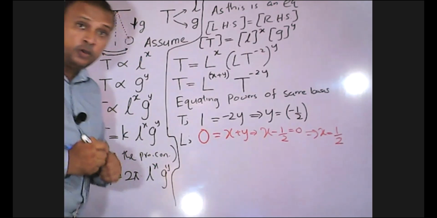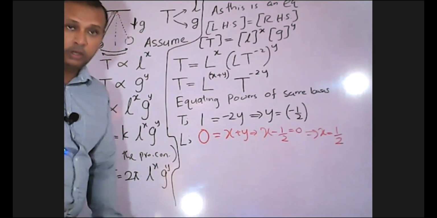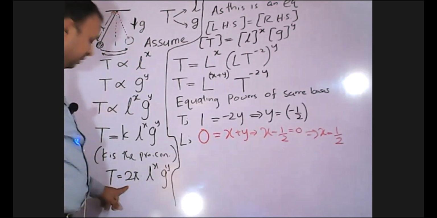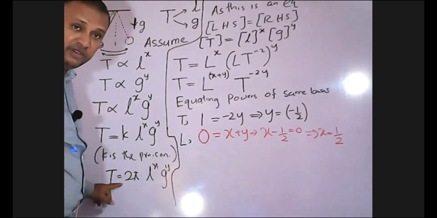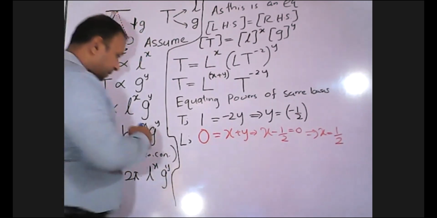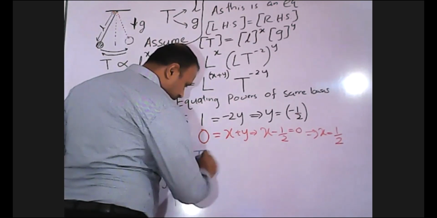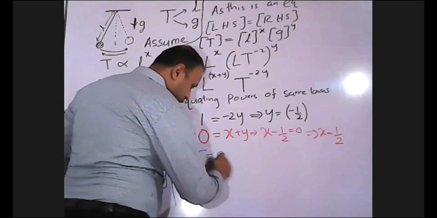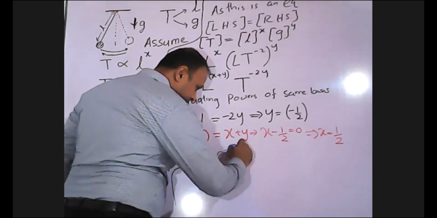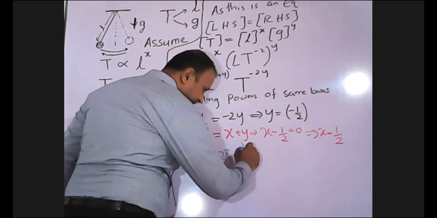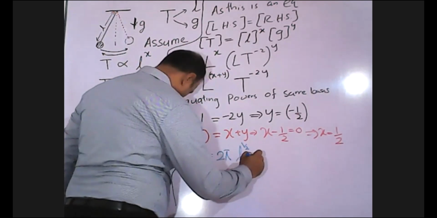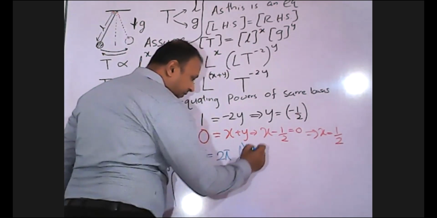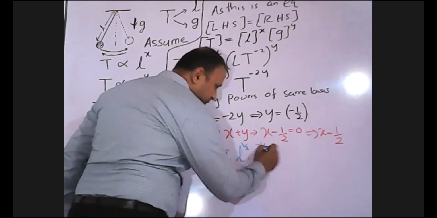So you have to substitute those values in your assumed equation. T is equal to 2 pi L to the power plus half into G to the power minus half.